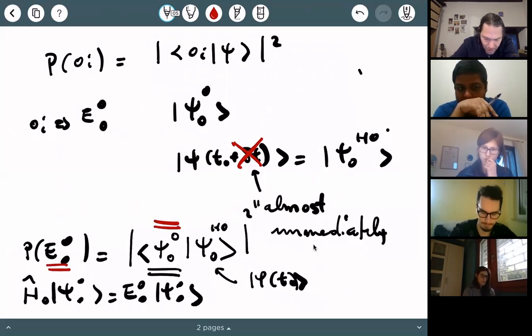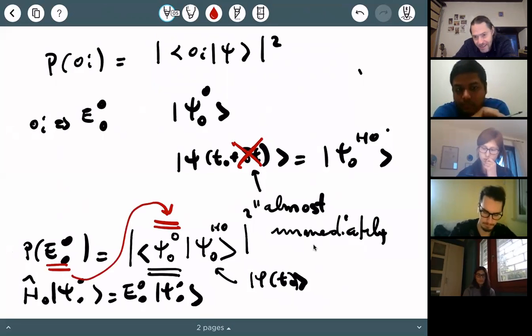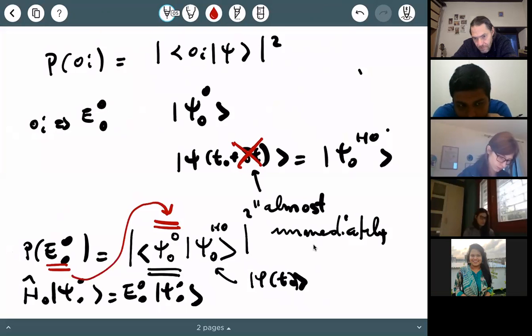I take the inner product with the corresponding eigenstate. Is this clear? That's the rule. That's what the rule means.